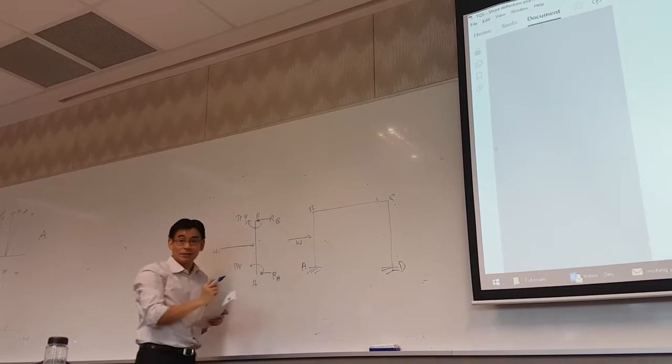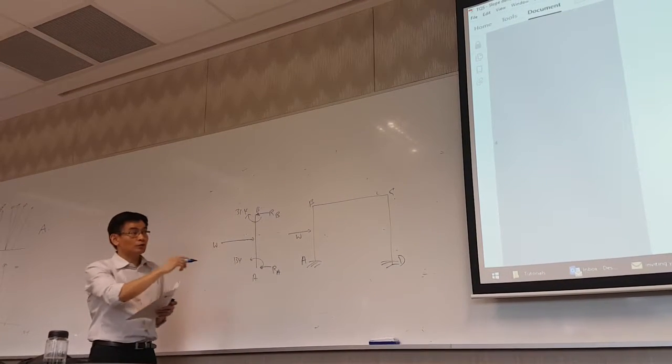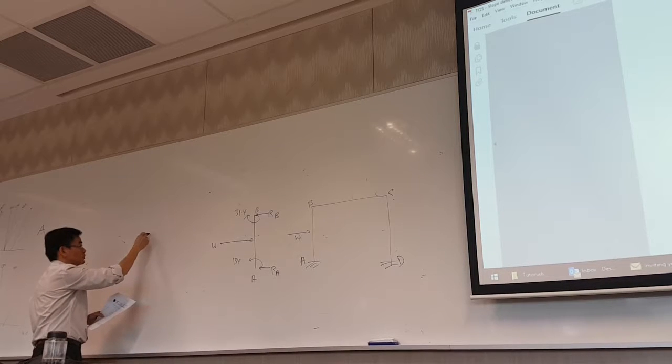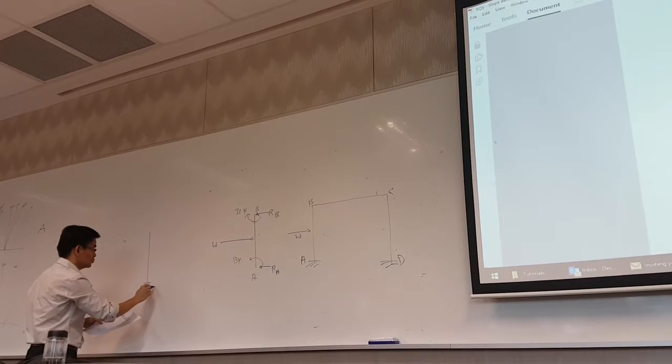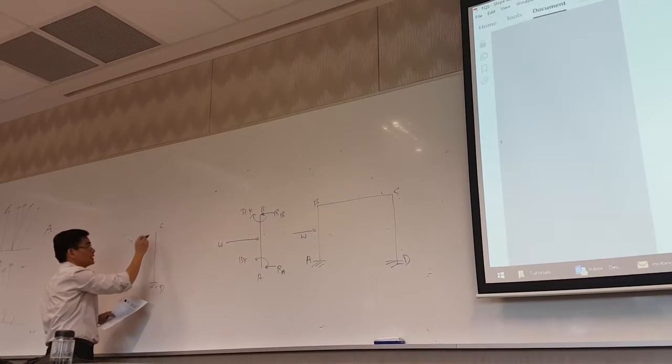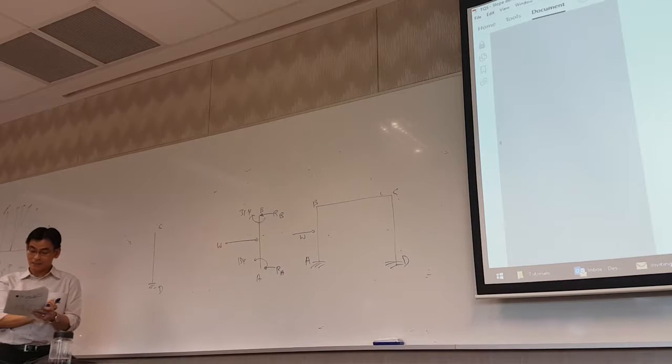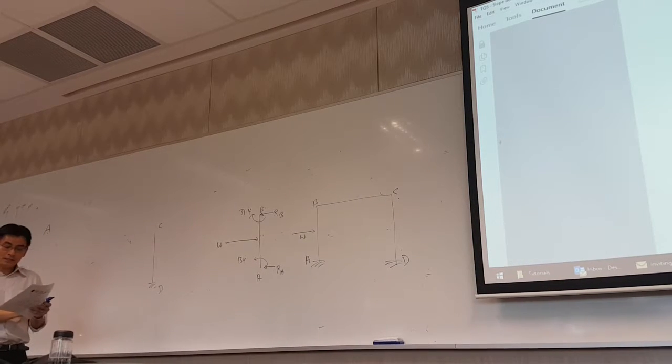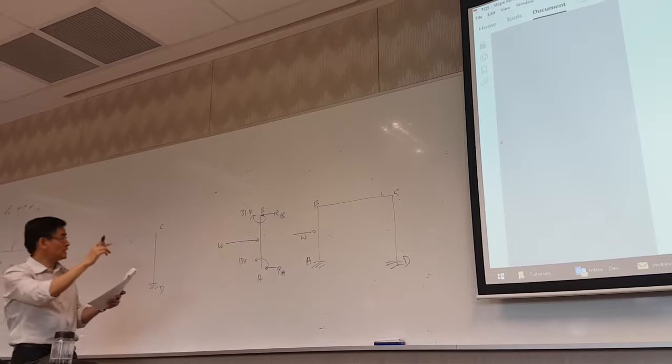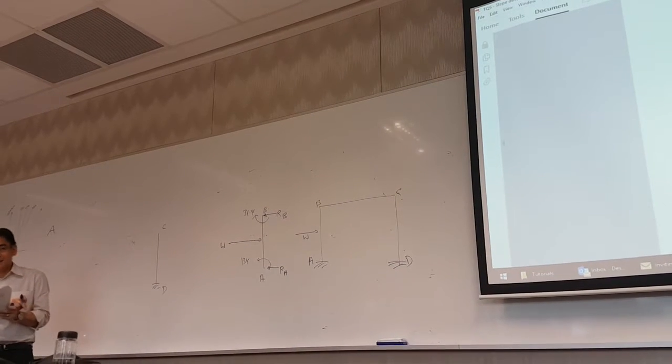If you do something similar for C and D as well, because this is going to be D and this is going to be point C, what are the moments acting at C and D?